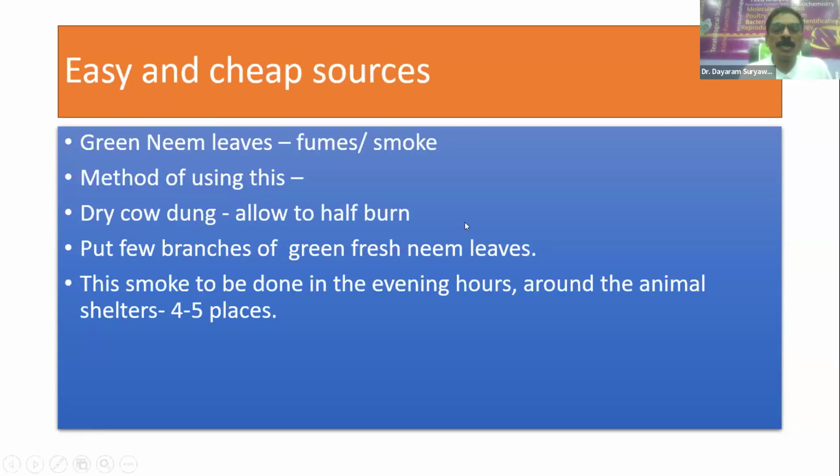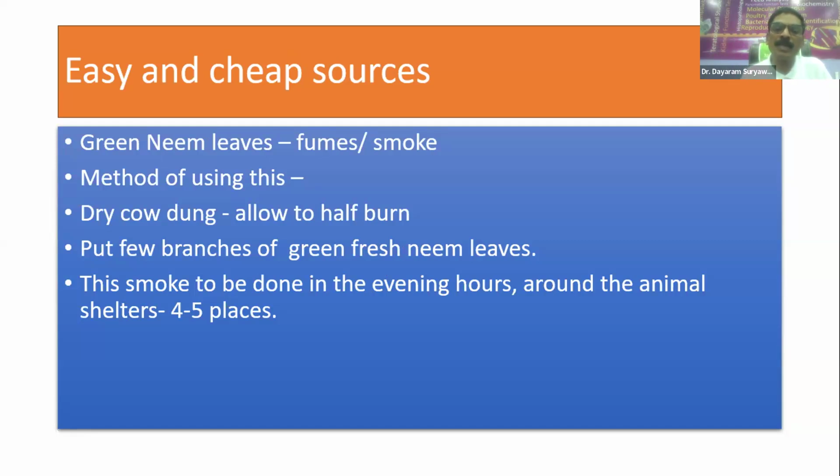An easy and cheap source: they can use very simple techniques as a fly repellent. Neem ke patte, neem leaves, fumes and smoke. The method of using: we have to take a dry cow dung cake, then allow it to half burn. So we have to burn it, but keep it half burnt.